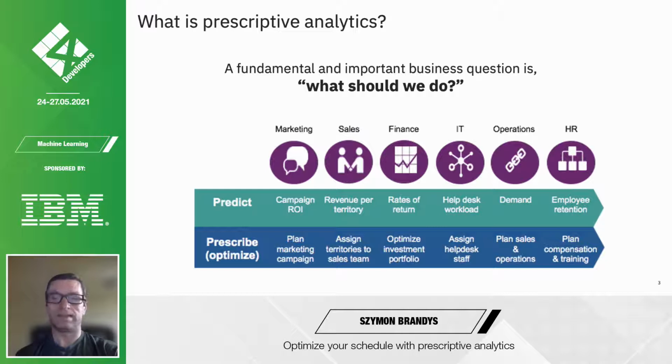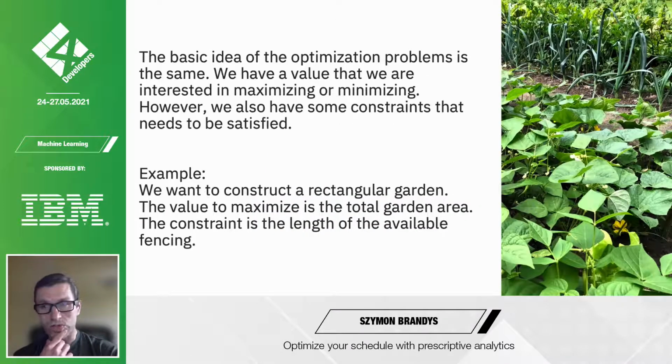The next concept that I would like to introduce is the optimization problem. In optimization problems, the basic idea is the same: we have some value we want to maximize or minimize, and we have some constraints that we need to fulfill.